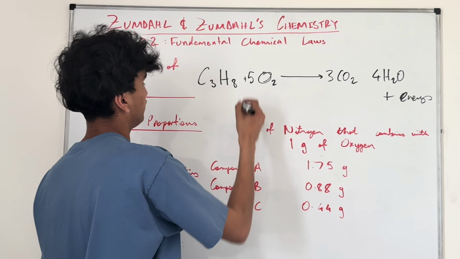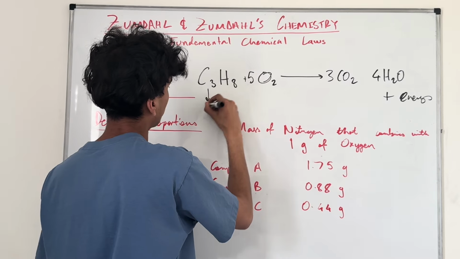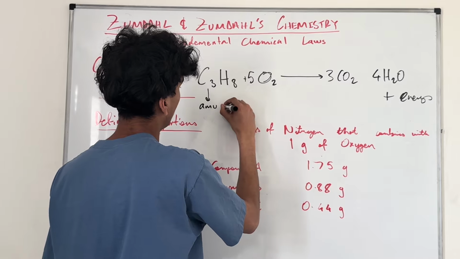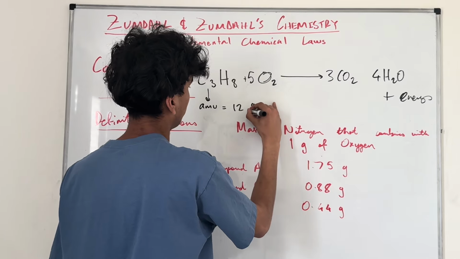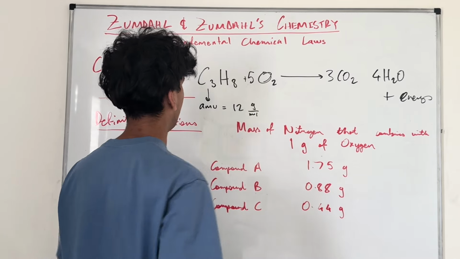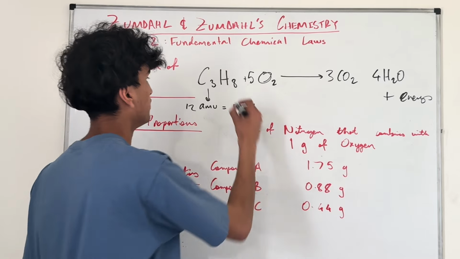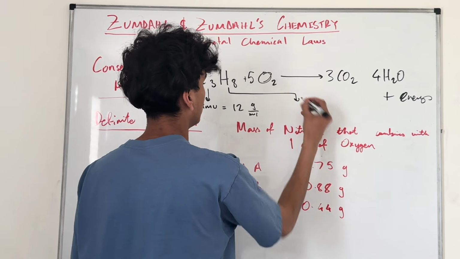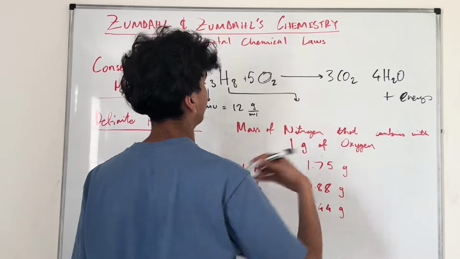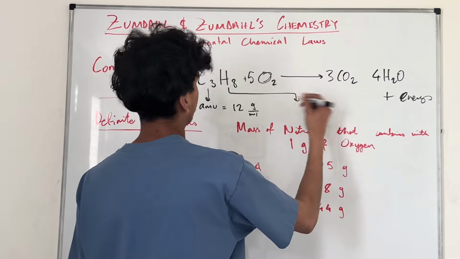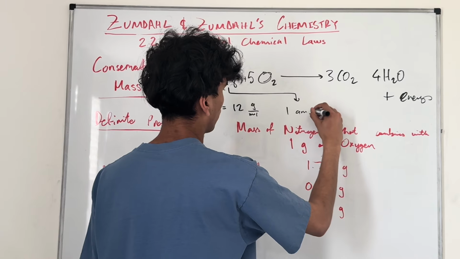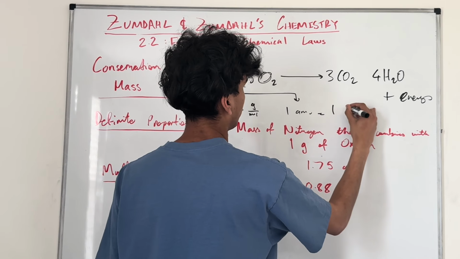Carbon has an atomic mass of 12 grams per mole. It's 12 AMU, which is really 12 grams per mole. And hydrogen's mass is pretty much 1 AMU, or 1 gram per mole.